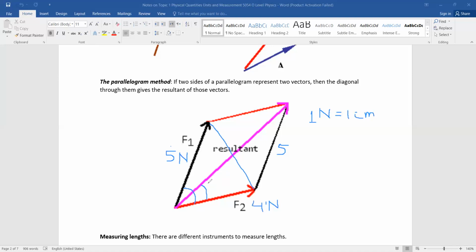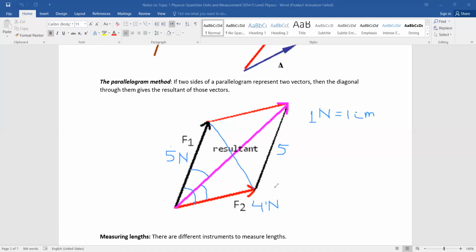Like this angle, right? So the angle between the resultant and vector F2, or you can find the other angle, the vector F1 and resultant. In between these two, there is another angle, right? Any of the angles you can mention will give you the direction.